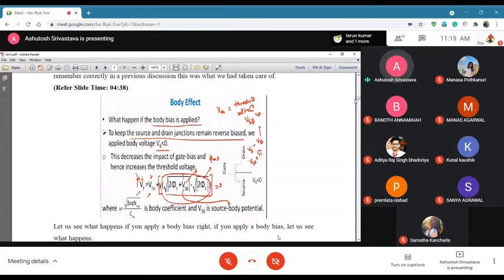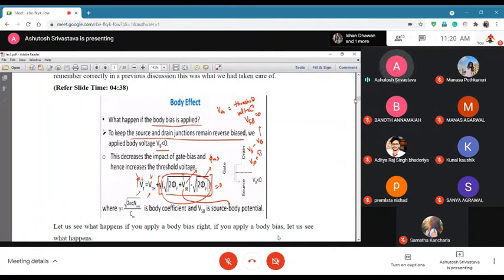So the new Vt due to the body bias is equal to Vth plus gamma times the square root of 2 phi f plus Vsb, which is the source body voltage, minus the square root of 2 phi f, right?